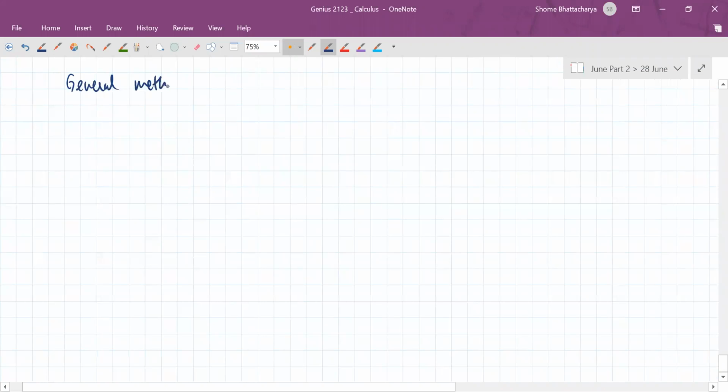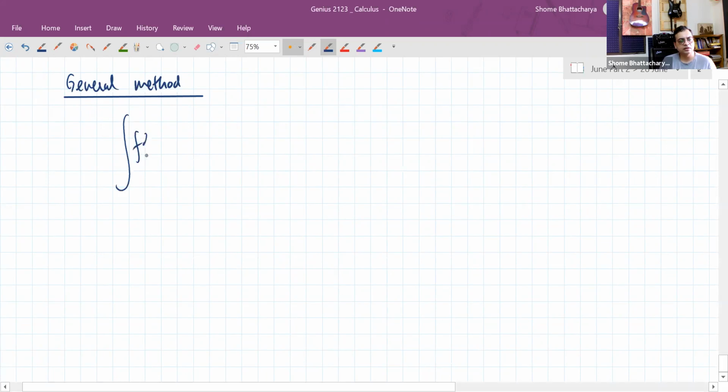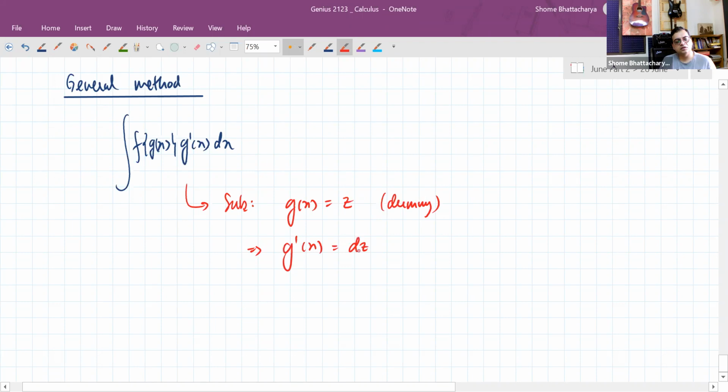So the general method here is that we have a composite function multiplied by the derivative of the inner term that we want to integrate. The quantity we want to integrate is a composite function, but not just the composite function. It has to be multiplied with the derivative of the inner term, g(x). Then the step here is we substitute g(x) as z. That is our dummy variable. So the derivative of g(x) becomes dz by dx, so we can substitute g prime x into dx as dz.